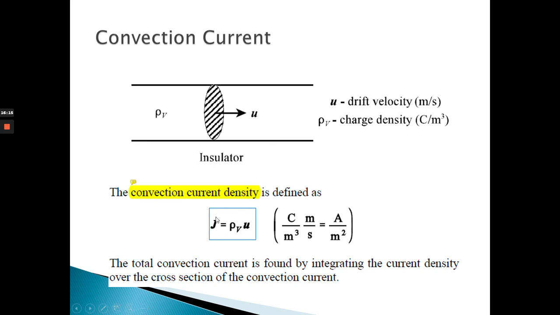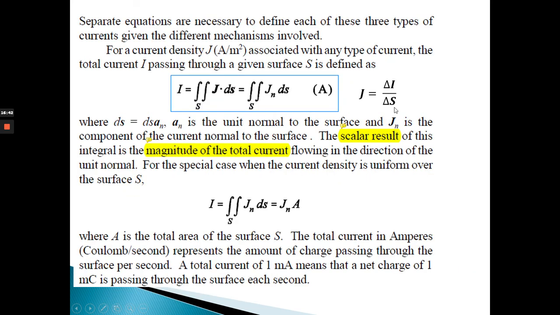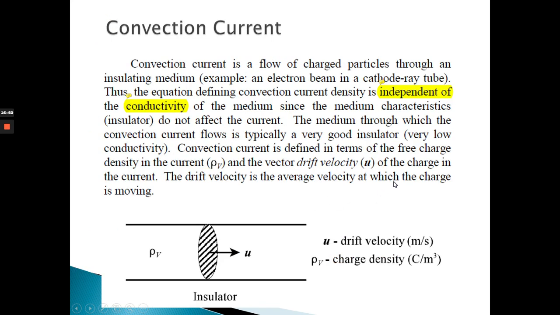So J, the total current density, is equal to the charge density multiplied by the drift velocity. This is how the current density is calculated. Now if you know the current density, you can find the amount of current I, because we know I is equal to JA. That's how you can calculate.